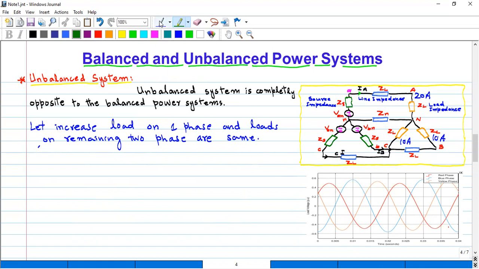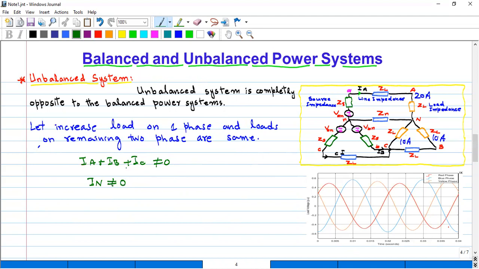So in this case, the sum of all the currents will not be equal to 0. That is, IA plus IB plus IC will now not be equal to 0. That is, the neutral current will now not be equal to 0 in case of unbalanced load.